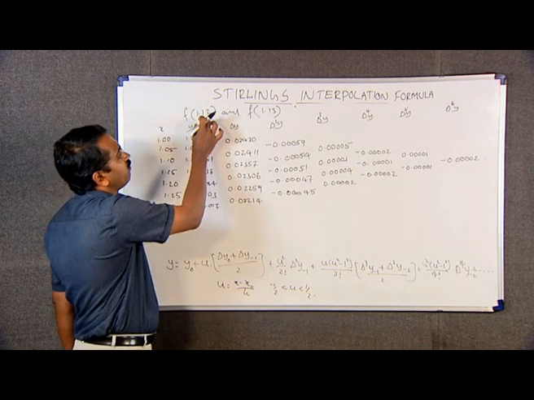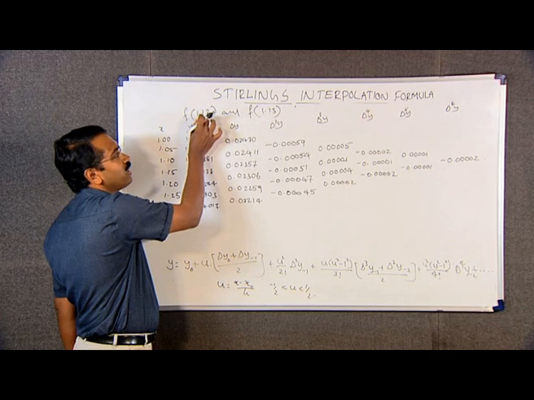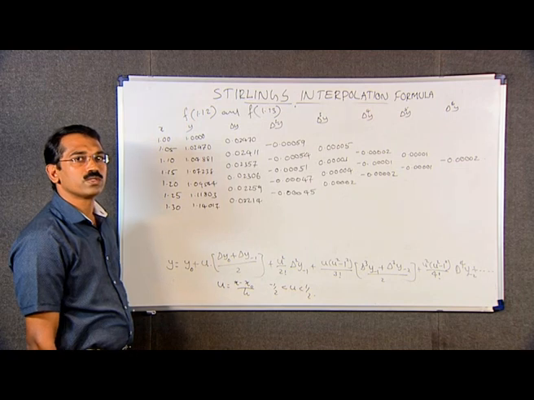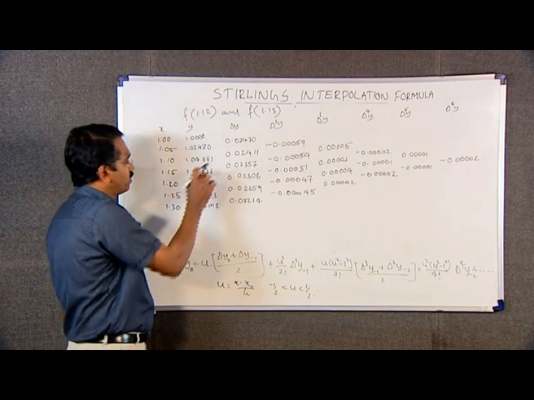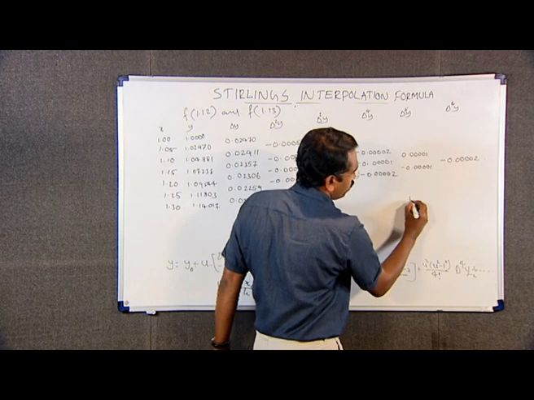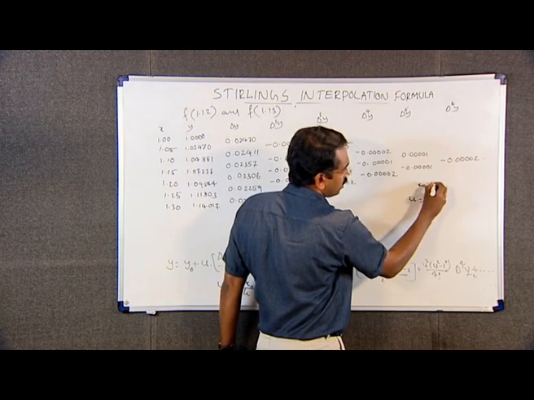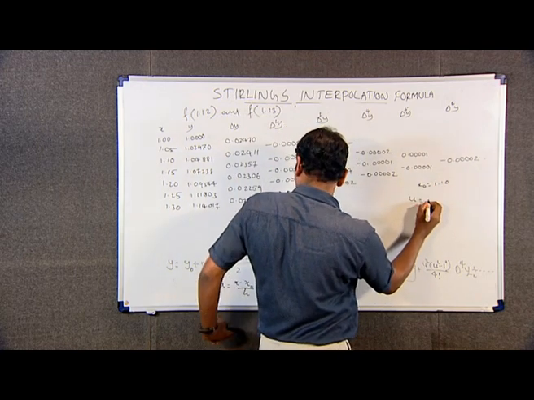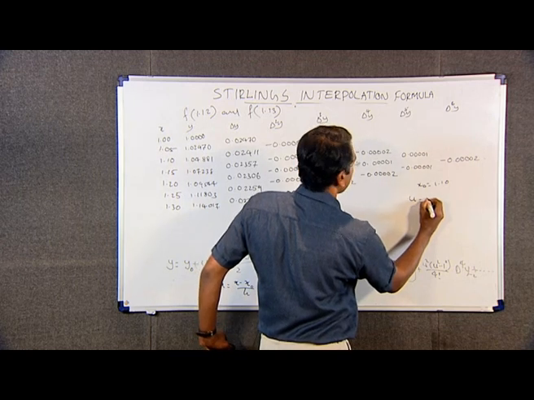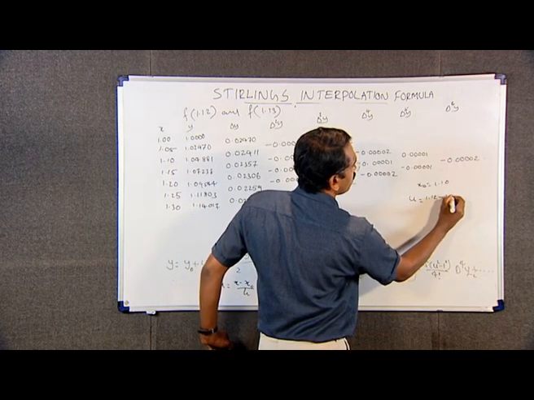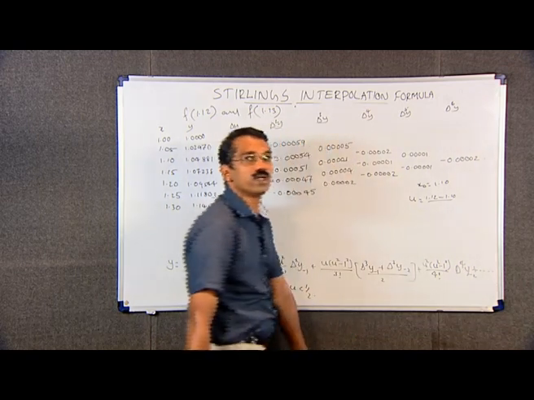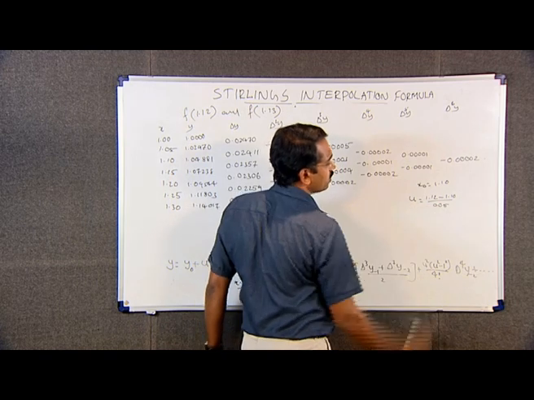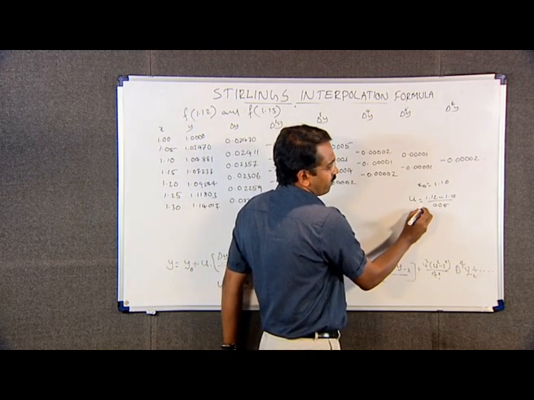Therefore, here we have to find the value of f, or the value of y, at 1.12. We can choose x naught as 1.10, because if we choose x naught equal to 1.10, we can write u equal to x minus x naught by h, where x is 1.12 minus x naught is 1.10, divided by h, which is 0.05, the width of the interval.